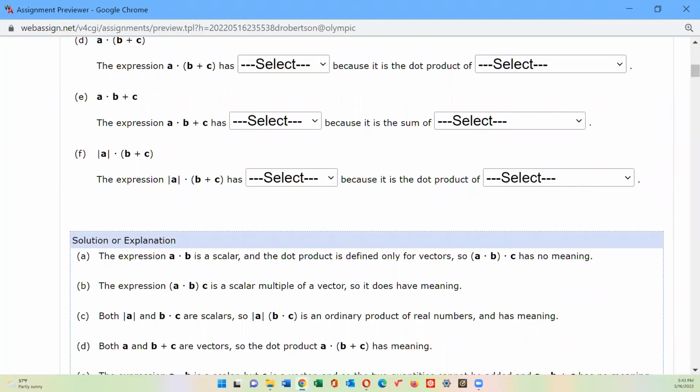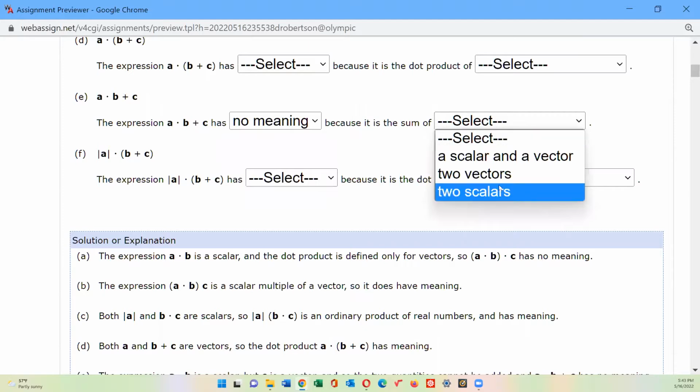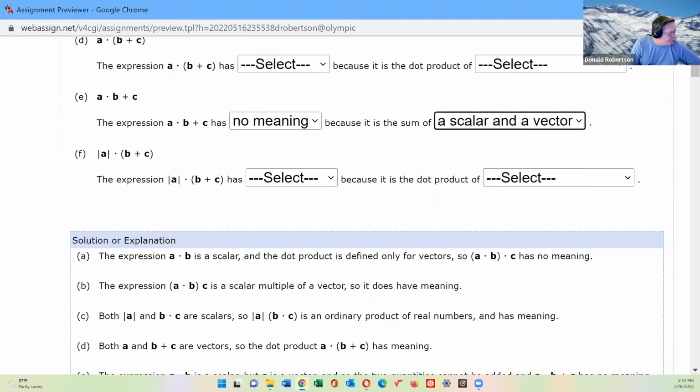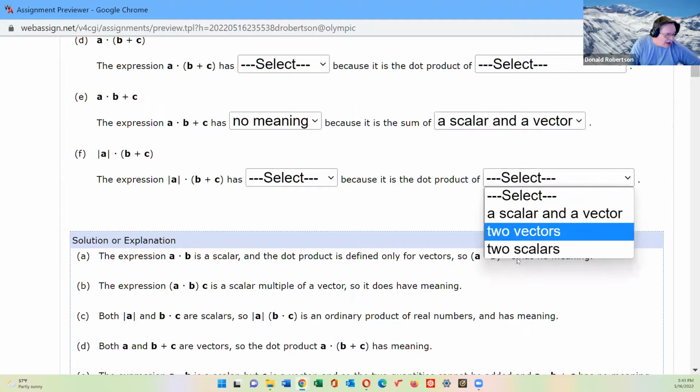I would believe not, because the dot product would end up being a number. Yep, and a scalar. And it will not have the XYZ thing. There we go. That's the choice. So in these questions, it has a meaning or it has no meaning, and then you choose from a selection. Why? Right?